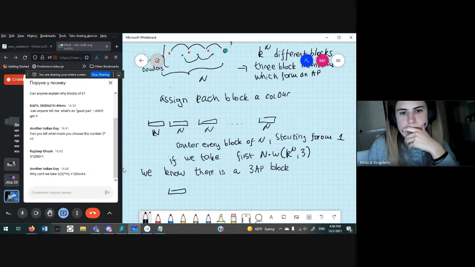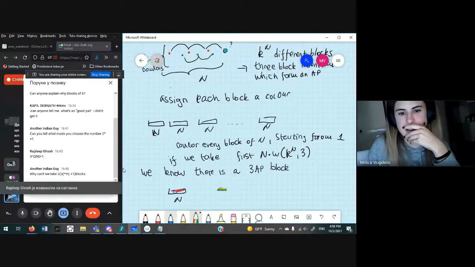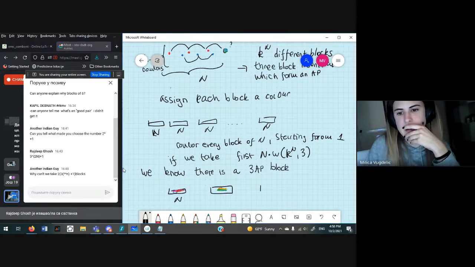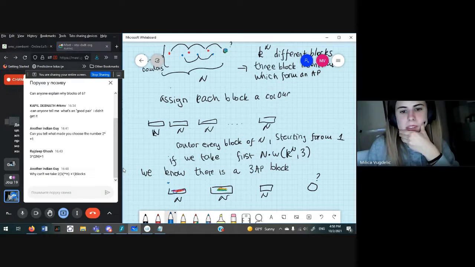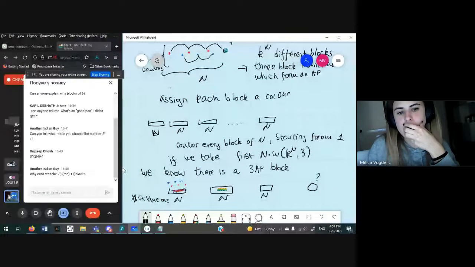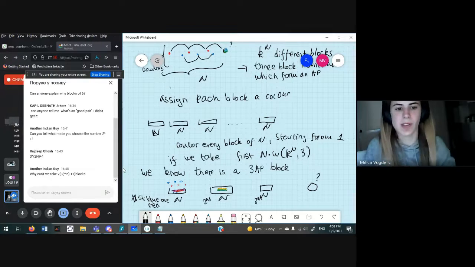So it would look like this. This would be identical. Oh, they aren't really identical. And we would know nothing about it. So we would again do the same thing, like look at all of its colors and take the first blue one, red one here, the second one here, the third one here, and the fourth one would concur, so we would be done.